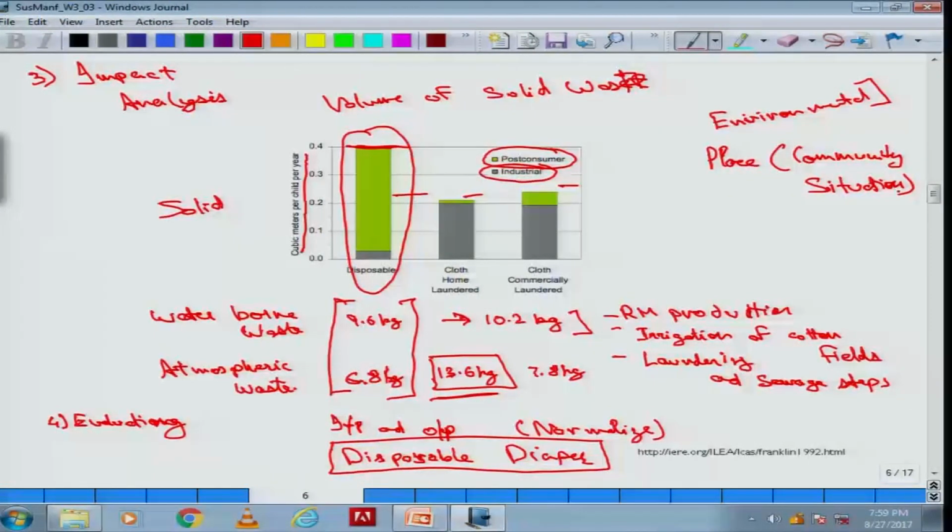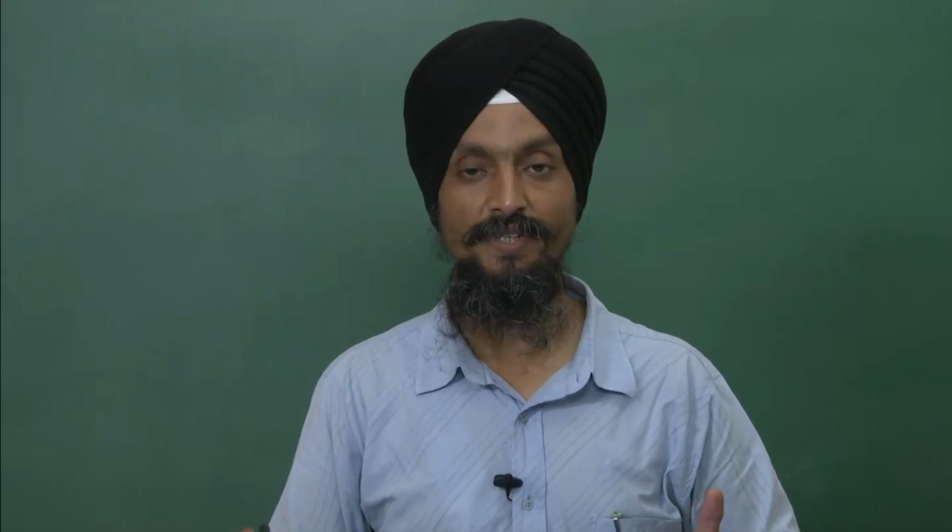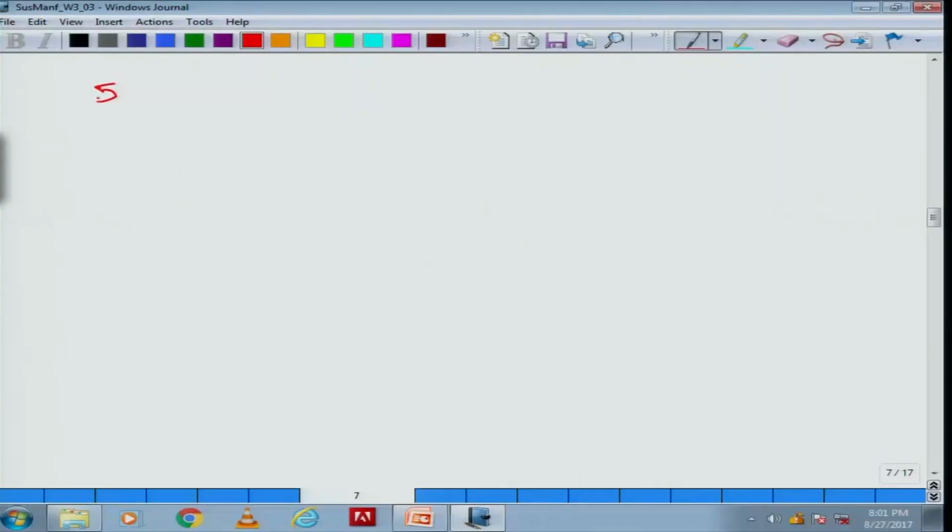Right. So, this is an example of life cycle assessment. So, next I will come to the fifth step here, that is improvement. So, I extended my scope here. My scope earlier was just comparison. So, what was our take from this diaper controversy here? So, the impact that is being considered is the energy, right?